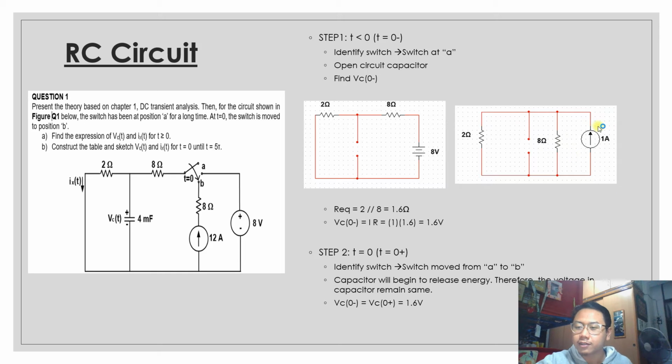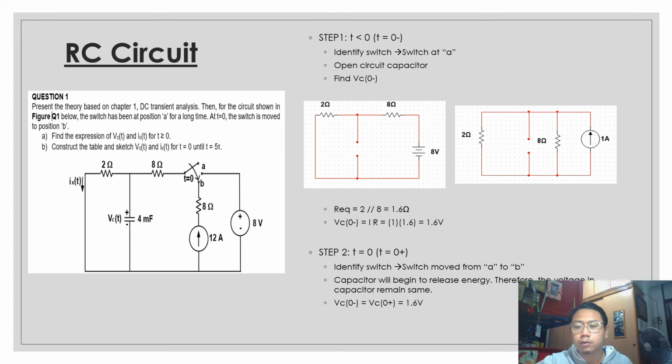So how to find this current 1 ampere? Just by using Ohm's law, V is equal to IR. In this case, we need to find the value of I, current. Therefore, I is equal to V over R. So 8 over 8 will become 1 ampere.